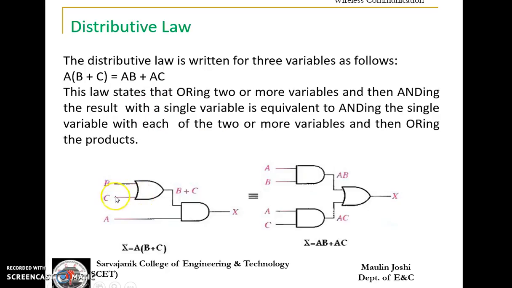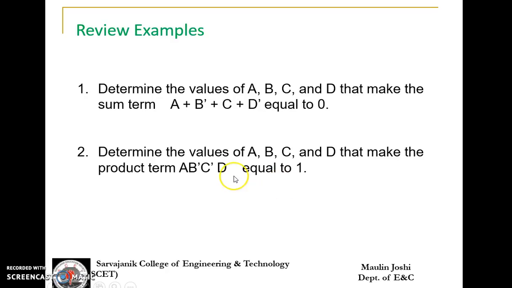In the figure we can see B or C and then AND. So that is answer X, which is equivalent to first ANDing, that is AB and AC, and the answers are ORed afterwards. These are a few review examples.